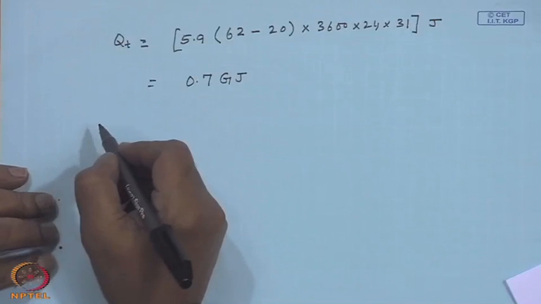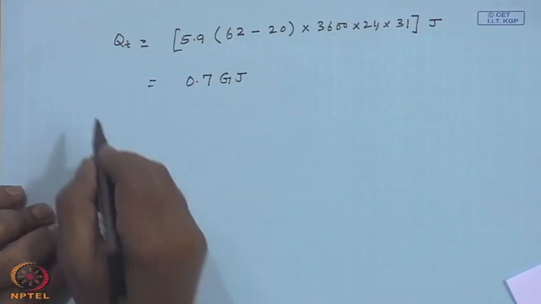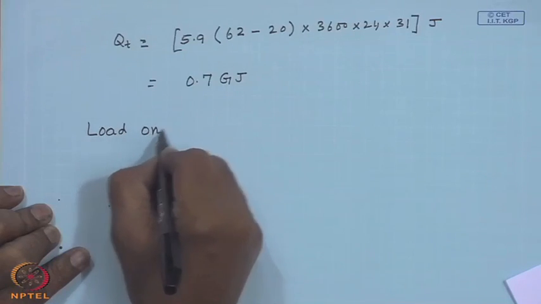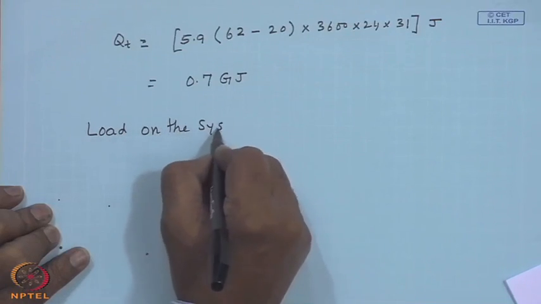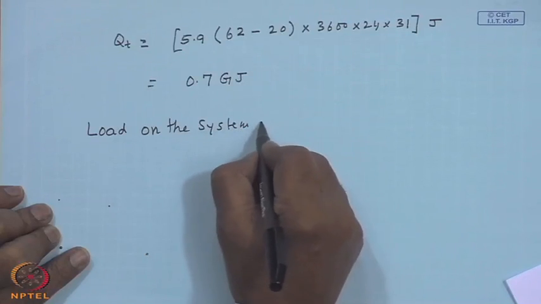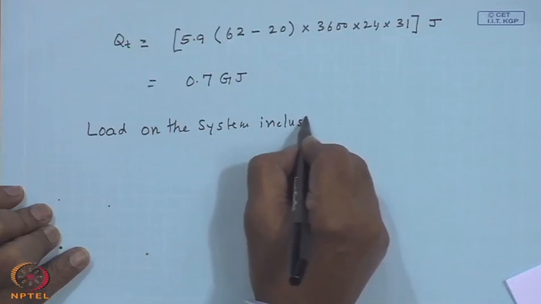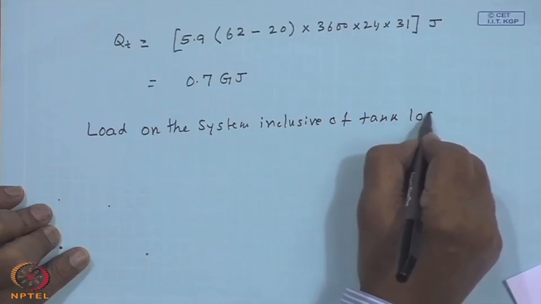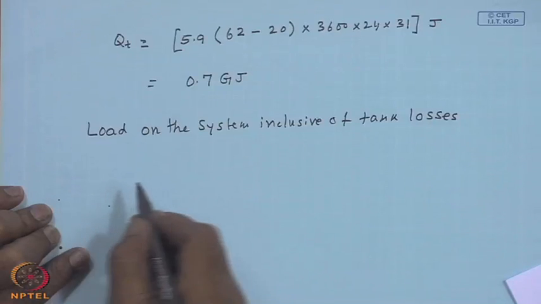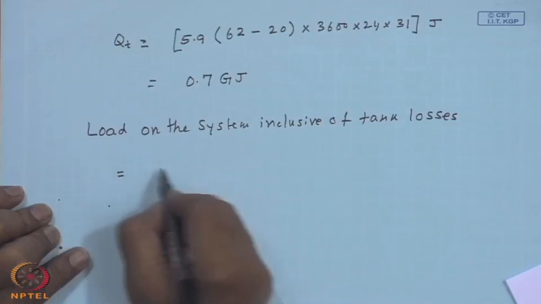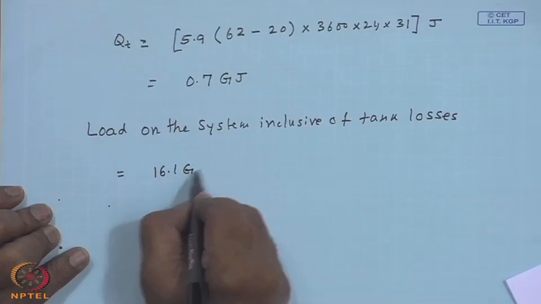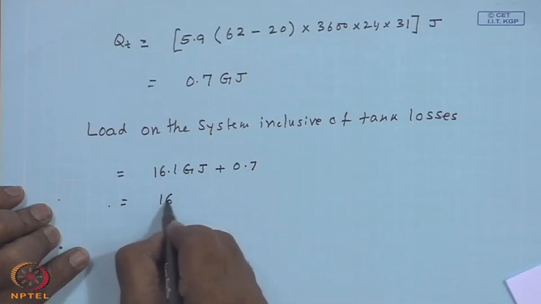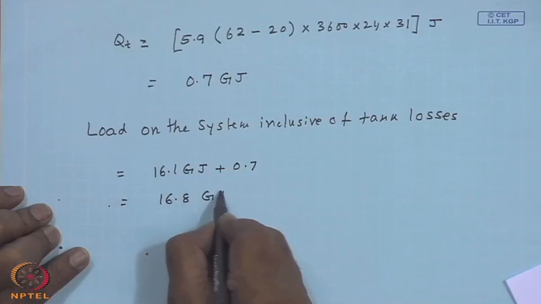So, now the system is supposed to meet the load inclusive of the tank loss. So, load on the system inclusive of tank losses, which will be 16.1 gigajoules plus 0.7, that comes to 16.8 gigajoules.